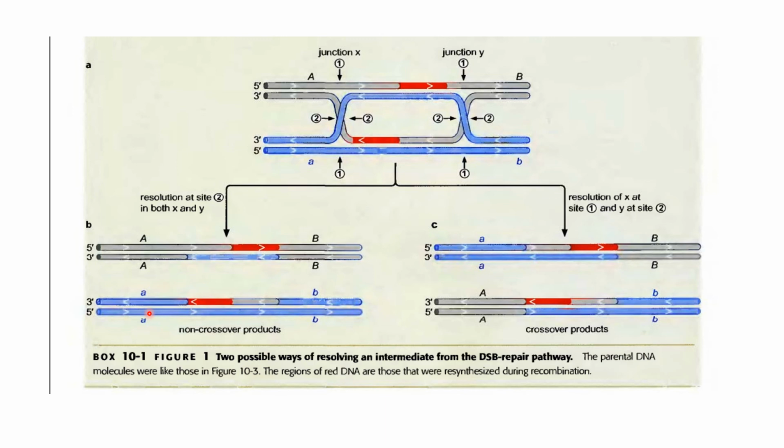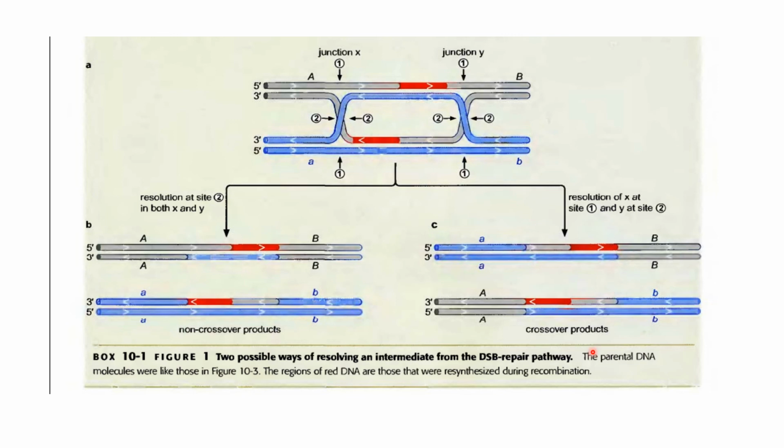Now if you look at the parental genotype, the gray color chromosome was having capital A, capital B, capital A and capital B, whereas the blue color was having small a, small b, small a and small b. The same genes are seen in these products and therefore we call it a non-crossover product.